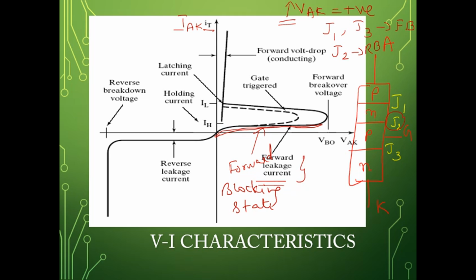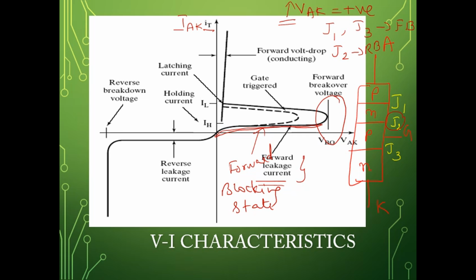That is called avalanche breakdown, and the corresponding voltage you call the forward breakover voltage. Forward breakover voltage is nothing but the anode to cathode voltage at which the junction J2 breaks down. How are you going to identify it? During that time the forward voltage drop will be less and your device will start to conduct.